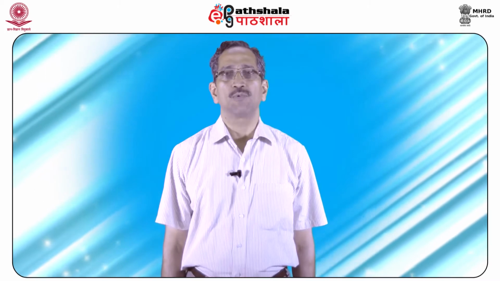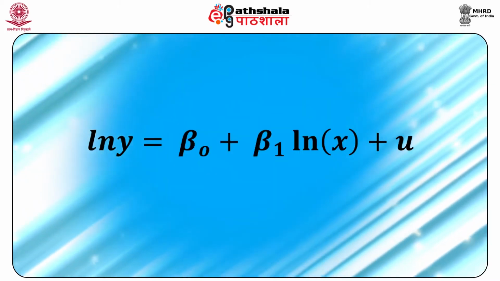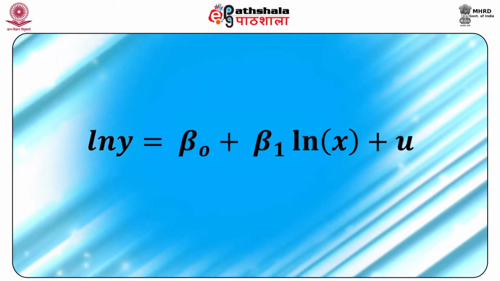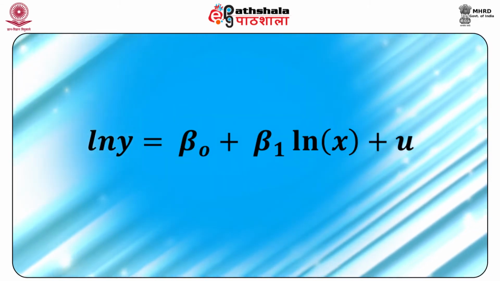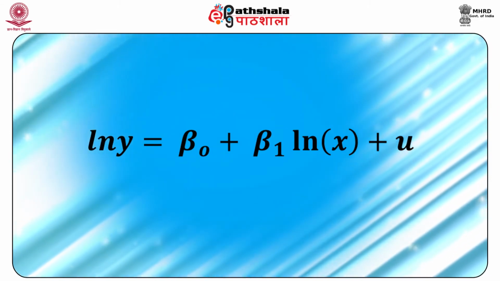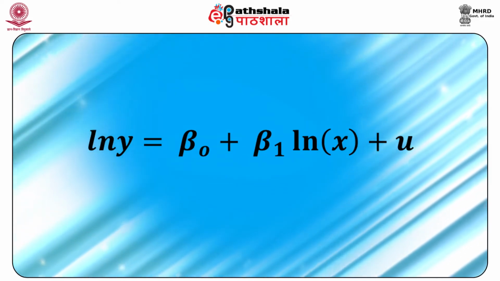This is the multiplicative form of the Cobb-Douglas production function. If you take the natural log on both sides, we will have ln y is equal to beta 0 plus beta 1 ln x plus mu i. So it has become a linear model by logarithmic transformation.